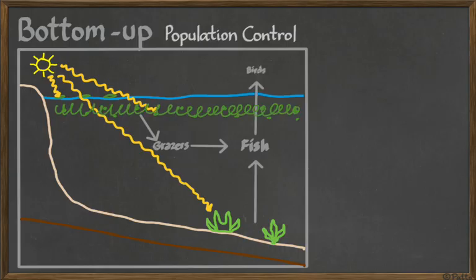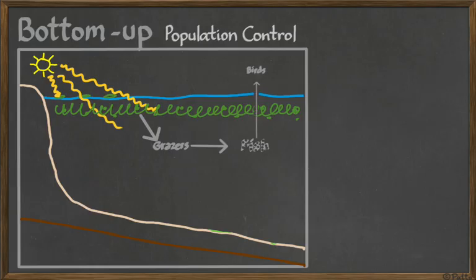But if you have a lot of phytoplankton that the grazers are not going to be eating very much, or the fish, what will happen is that the algae will suffer, because the phytoplankton will make shadow, then the fish will suffer, and if the fish suffer, the birds will suffer as well. So in this case here, we have a bottom-up population control.